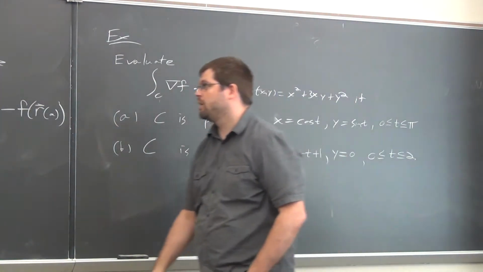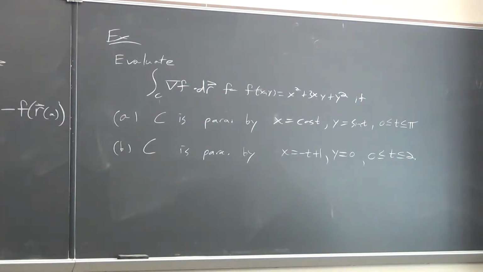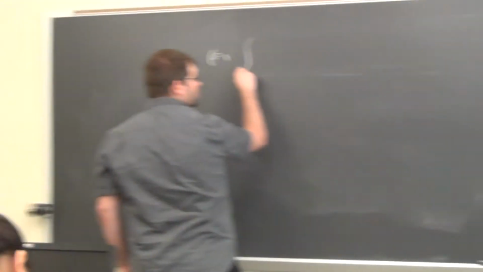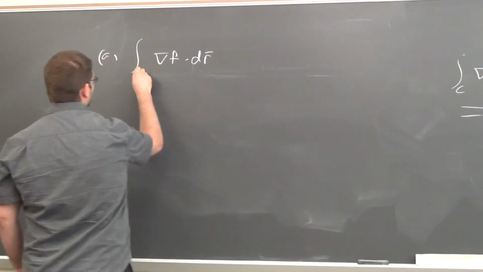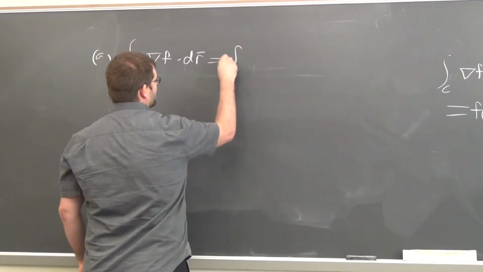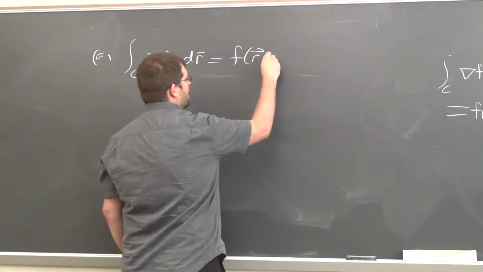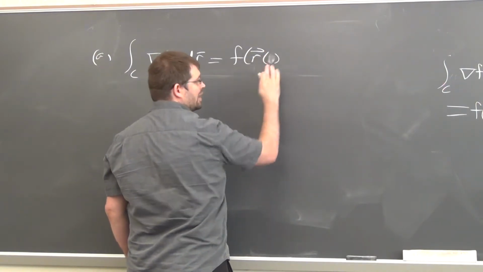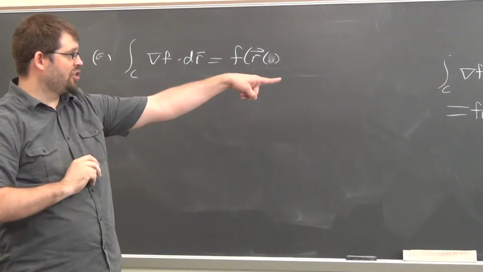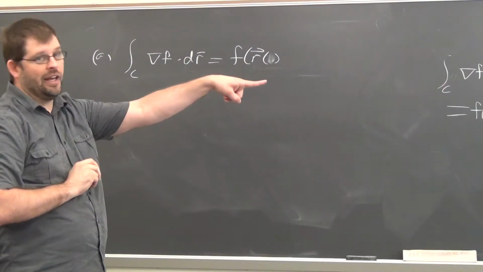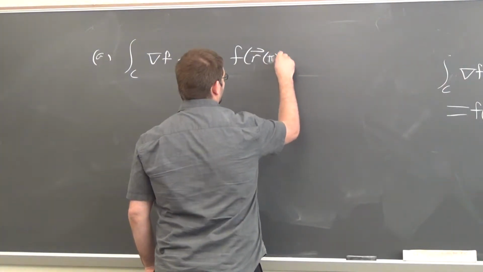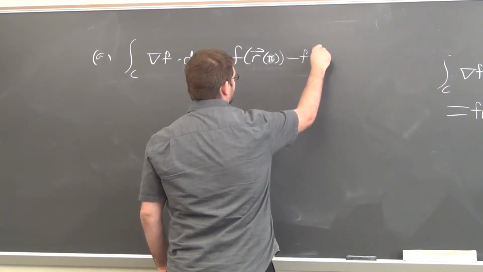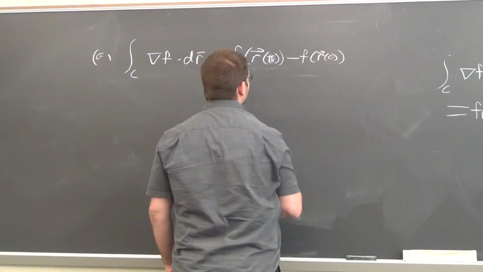We could if we want, but let's not on this one. And so for A, we're just going to apply our theorem. The integral of gradient f dot dr over C is just your function at your endpoint, so in this case, with the first parameterization, f of r of pi minus f of r of 0.